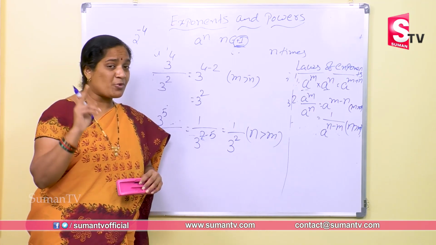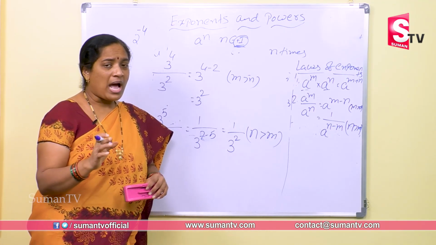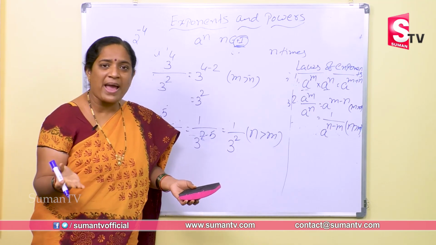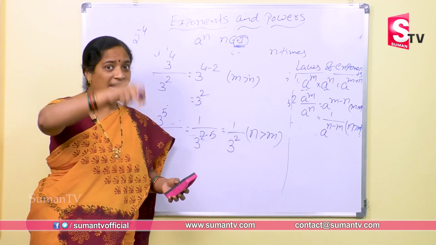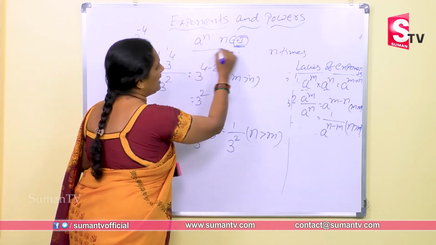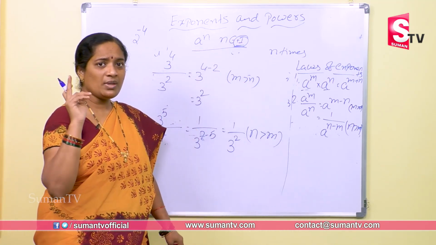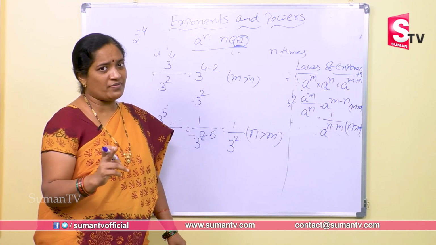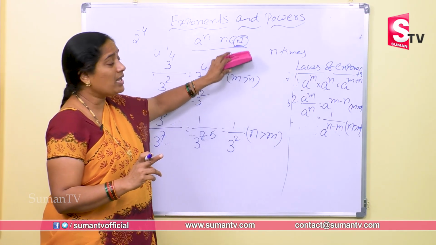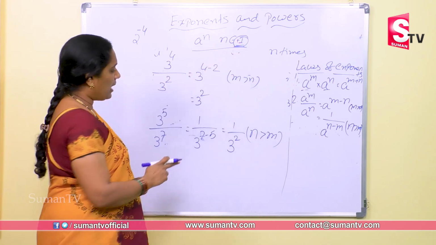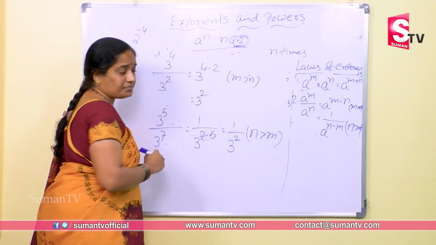In the exponent place, if it is minus 4, how many times can you expand? It is not possible to expand. That's why, while defining itself, we give clear information that n is always a positive integer. It should be remembered in your mind. Now, n is greater than m.